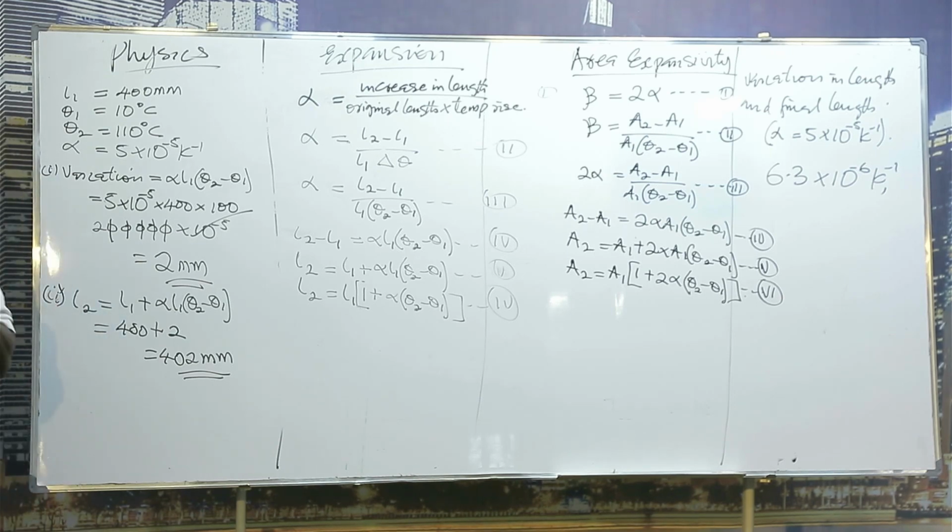Now solve, that's the question. I gave you the first one from the linear, the second one now from the cubic. I'll still pick another one on the side of the area.